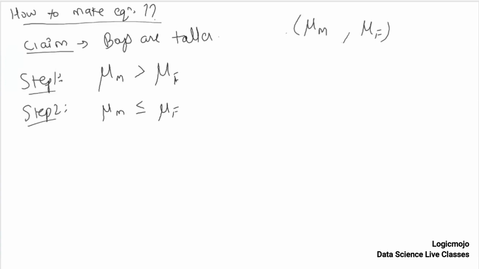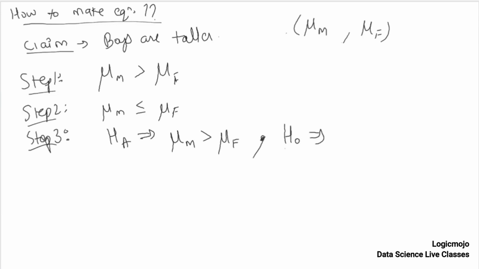Now, out of these two, whichever equation does not contain an equal to sign, that is the alternate hypothesis. The first equation does not contain an equal to sign, so this will be your alternate hypothesis. And the null hypothesis, like I said, is always equal to something, so the null hypothesis will be mu male equal to mu female. So these will be the equations.